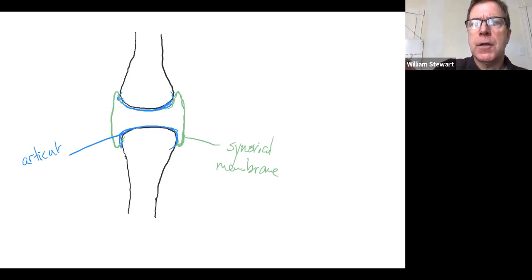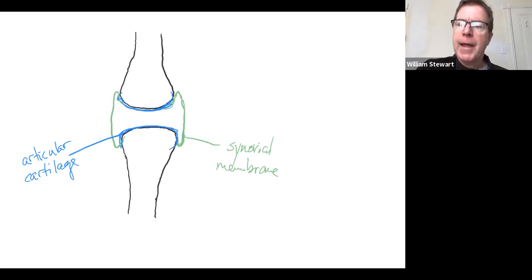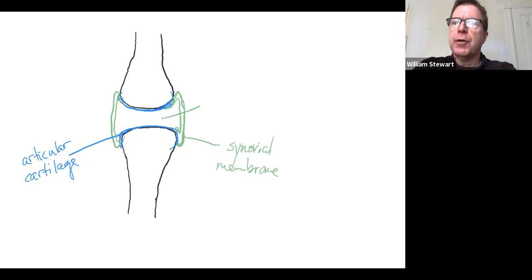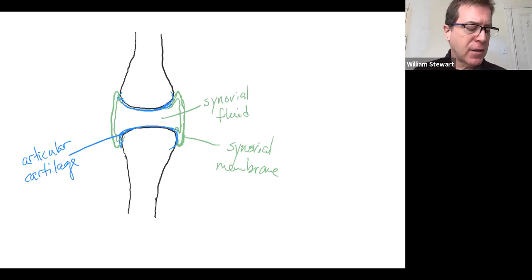All articular cartilage at joints is hyaline cartilage tissue. And technically that synovial membrane is double walled, so I'll exaggerate it like this. It's a bilayered membrane. Inside of this cavity, there's synovial fluid. So it's a fluid-filled cavity. Like I said, this is a great exaggeration of that space.